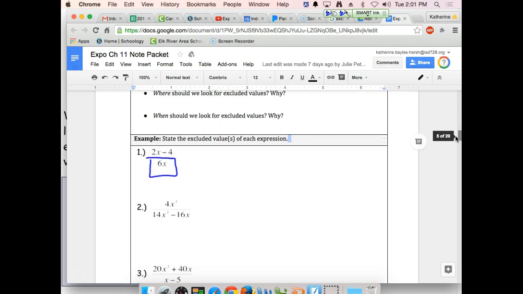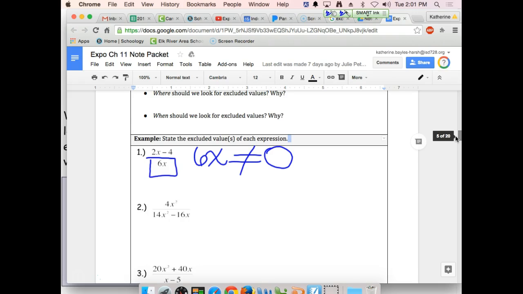All right. So on this first one here, what we're really looking at today is the bottom. Today we don't really care as much about the top. On the bottom of this one, I have 6x. And what we just talked about is we cannot have it equal to 0. So I'm going to take that bottom, 6x, and I'm going to use this symbol. This symbol means cannot equal, and we cannot have it equal to 0. So now we're going to do what we did in chapter 9.